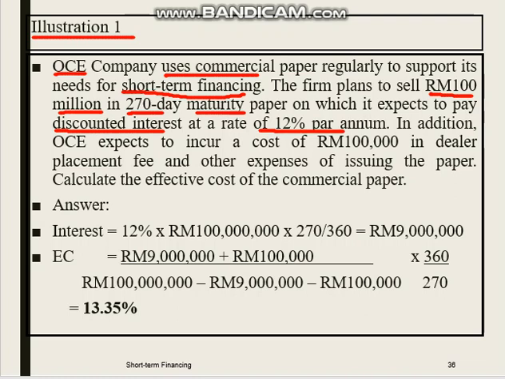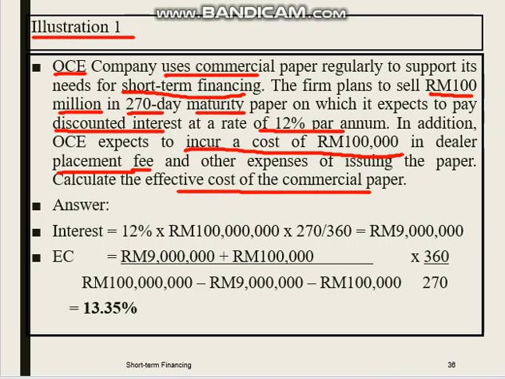So what other costs are incurred here? There is 100,000 in dealer placement, a fee we have to pay if we want this. The question asks us to calculate the cost of the commercial paper. How are we going to calculate it?